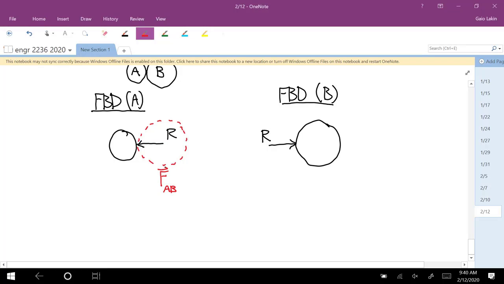It's just that there's only one variable in there. It's not two unknowns, it's only one. And you could think of this one as the force on B by A. And if you switch the arrow direction like this, follow these rules, then those vectors are going to be equal and opposite.